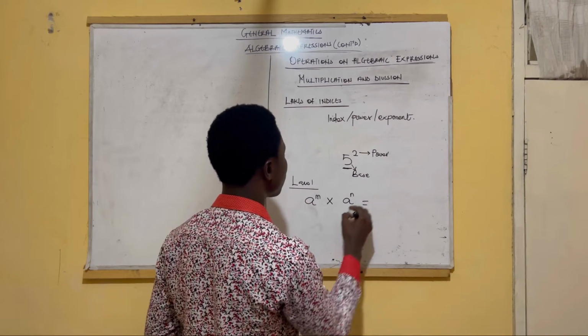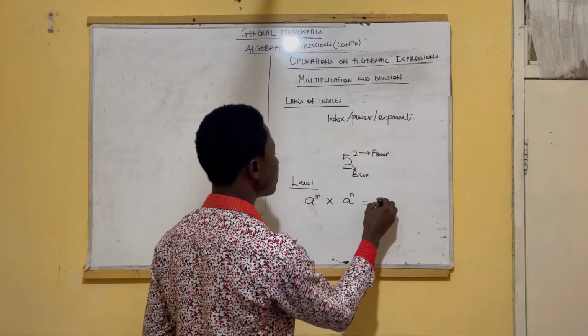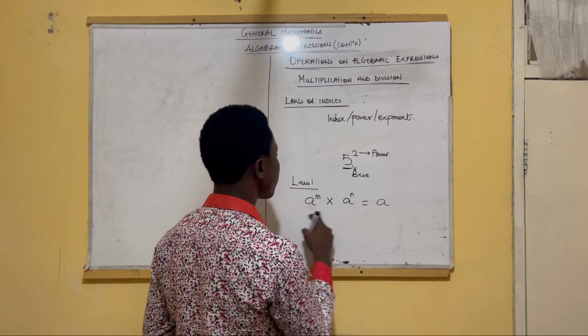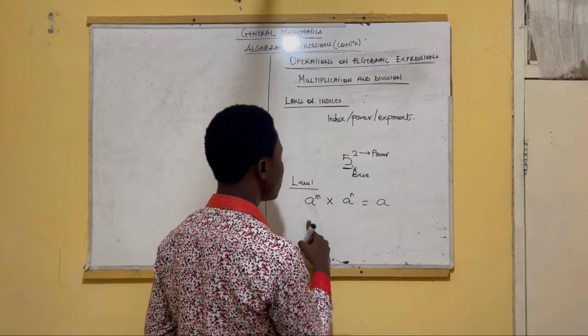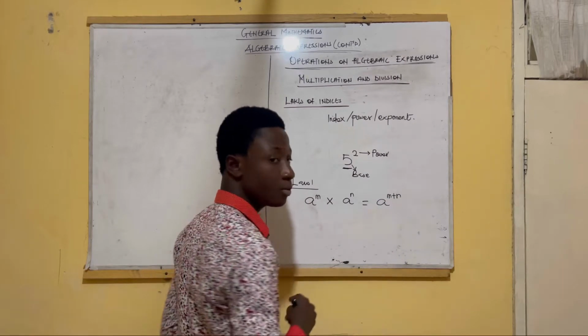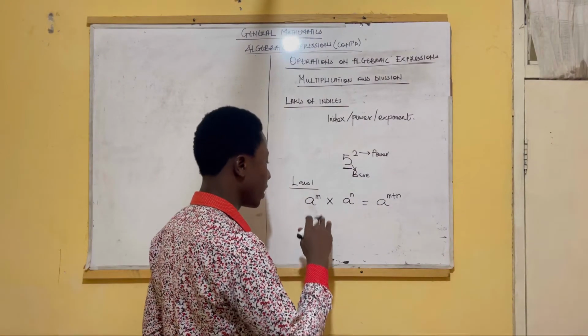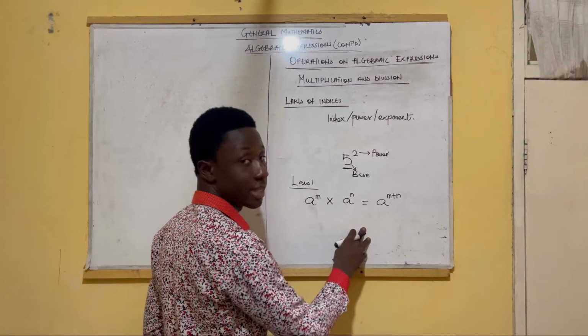Per the laws of indices, just write one of the bases since they are the same, and then you add the powers.